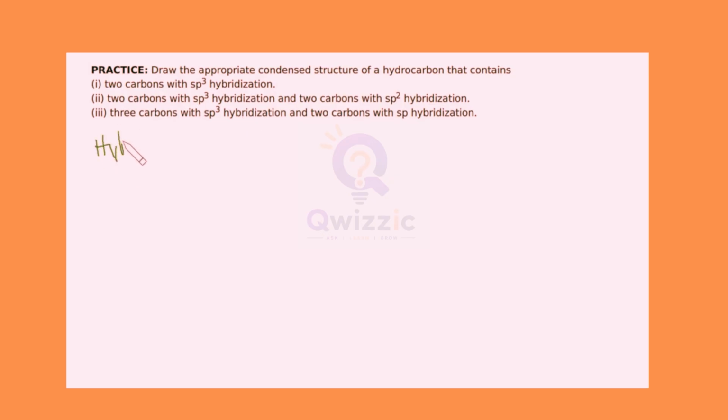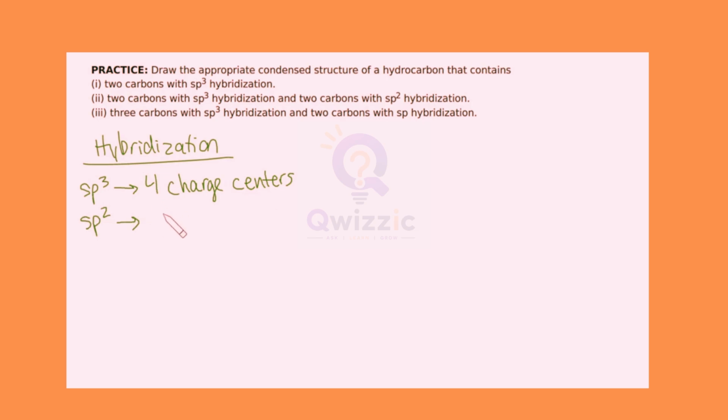So looking at the different types of hybridization, we know that sp³ hybridized atoms have 4 charge centers. sp² hybridized atoms have 3 charge centers. And sp atoms have 2 charge centers. So remember, we're adding up the exponents to get the total number of charge centers, right? 3 plus 1 is 4, 2 plus 1 is 3, 1 plus 1 is 2.